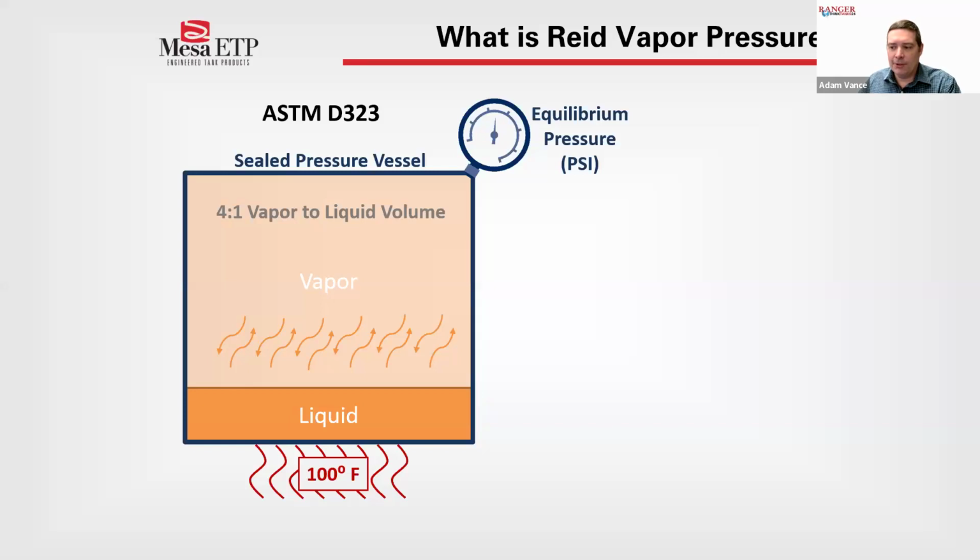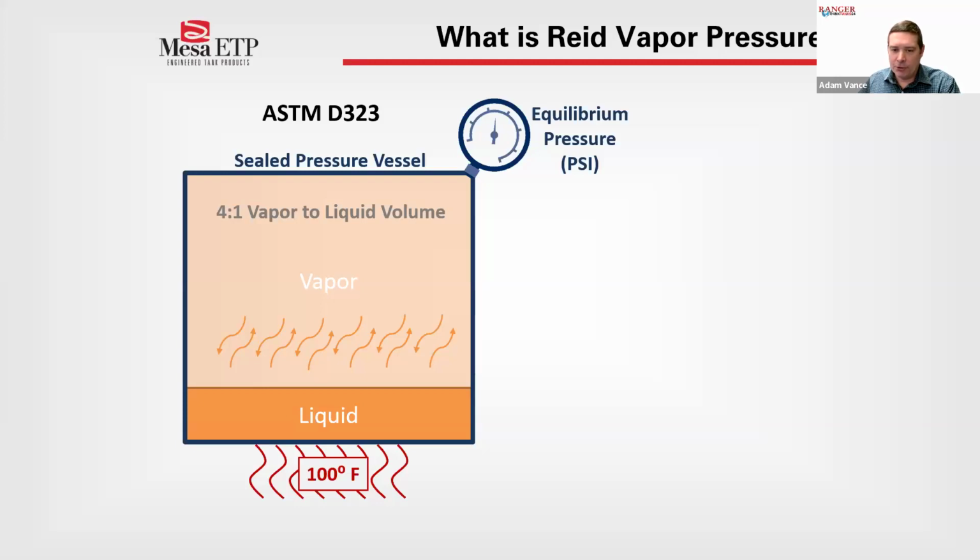As this liquid is heated to 100 degrees F, the liquid will begin to evaporate and saturate that vapor space. As that vapor space becomes completely saturated, eventually that airspace will not be able to hold on to any more vapor, and that vapor starts to condense and go back into the liquid. And so this is the point where we reach equilibrium.